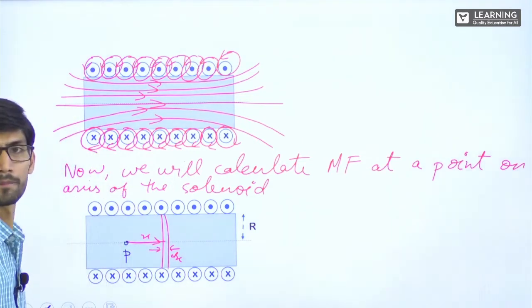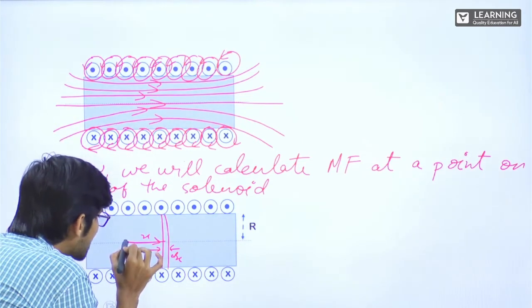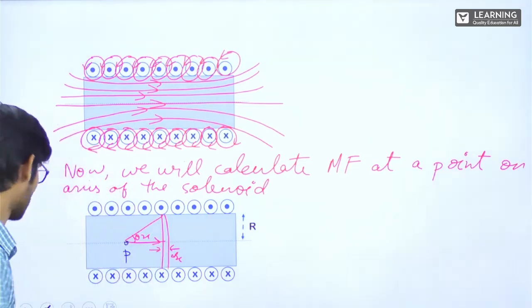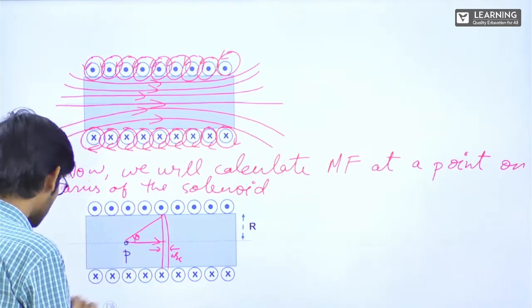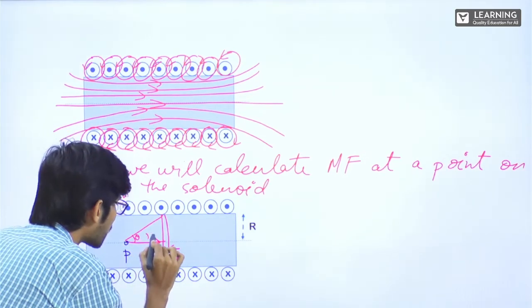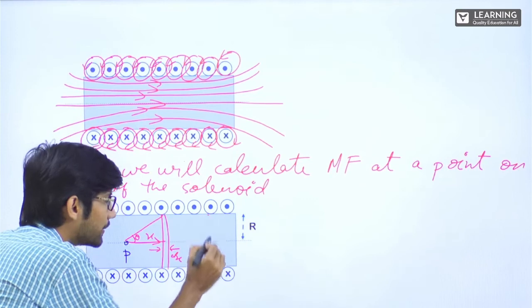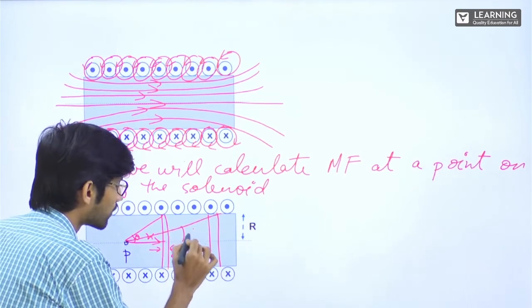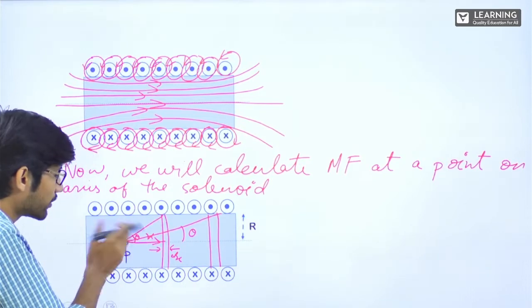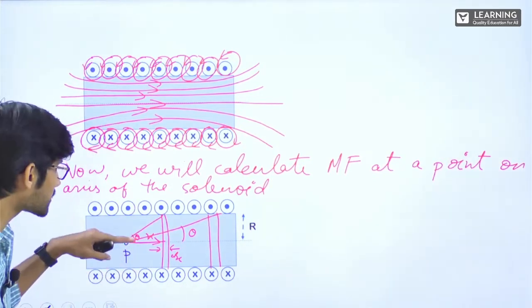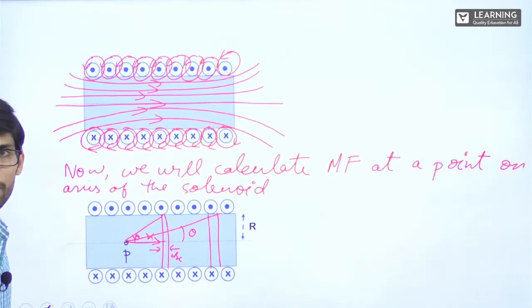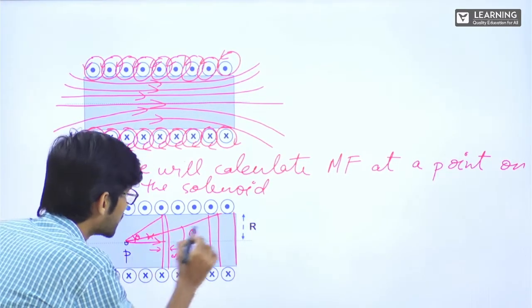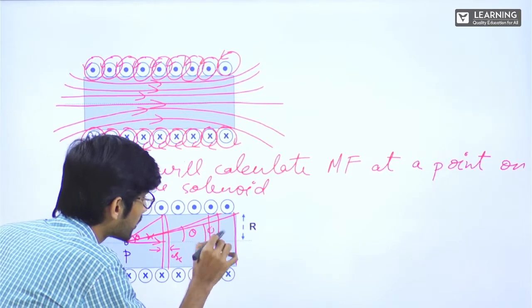Alright. So now from here, if I see, this angle will be theta. Correct? If I take any element here, this theta will be small. If I take an element here, this theta will be bigger. That means this theta is also variable, right? If I take any element here, this theta will be even smaller.